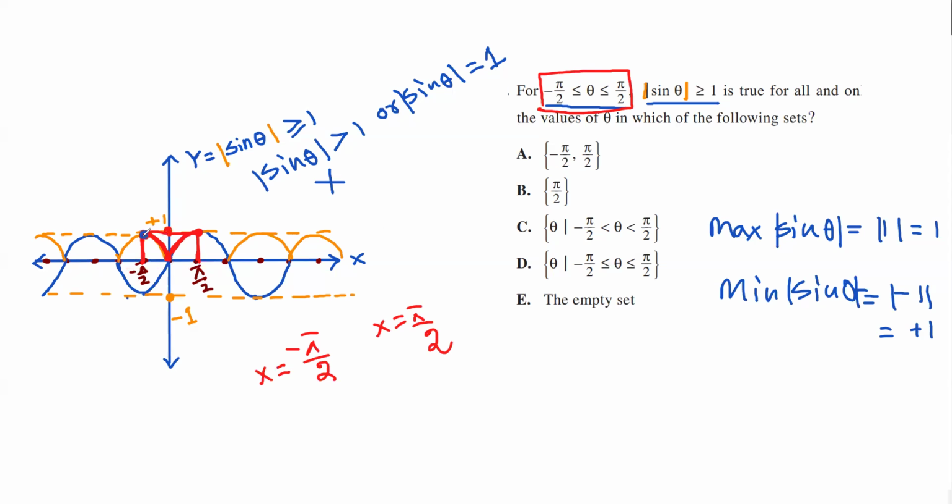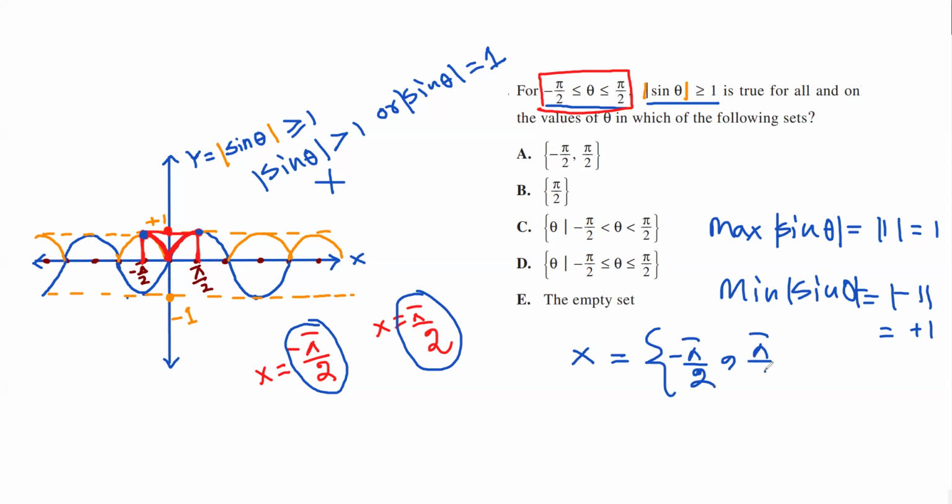First point at negative pi over 2 and at pi over 2. And rest of the portion of the curve is below +1. So it's less than 1, right? So only two options are possible. X value can be negative pi over 2 or x value can be pi over 2. So you can write x values are, first one is negative pi over 2 and next value is positive pi over 2. So this is option A.